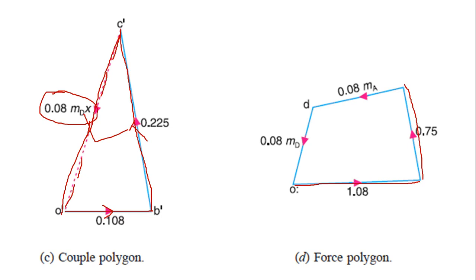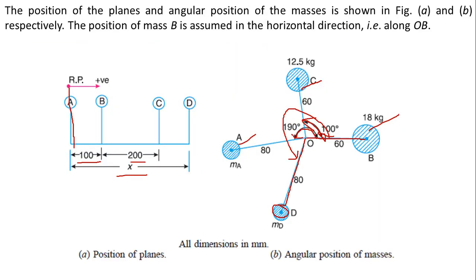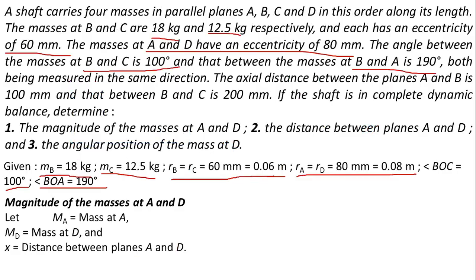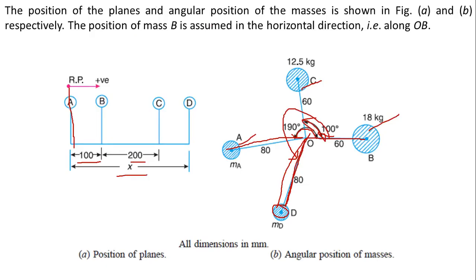Okay, then for the last one, the angular positions are known to you, because A angular position here is this direction, and D also, the direction is known to you. Okay, so using these angles you can draw it and complete the polygon.